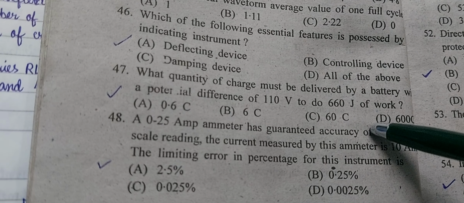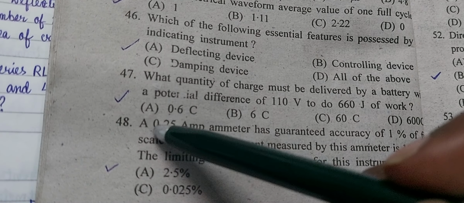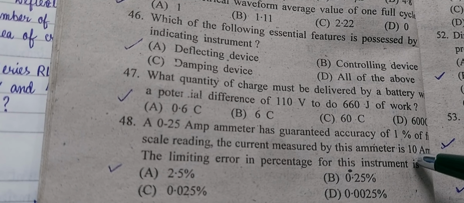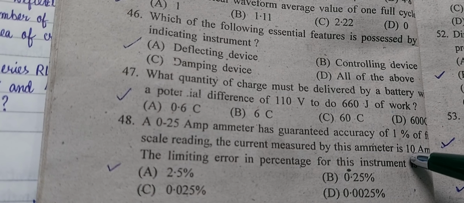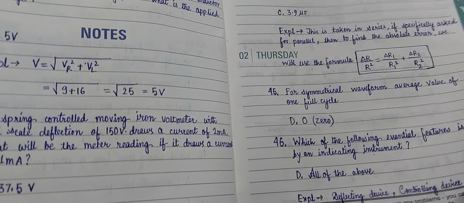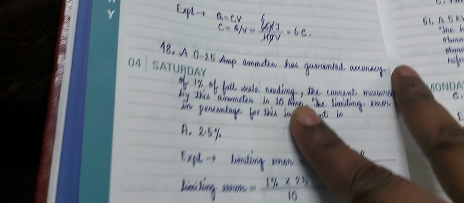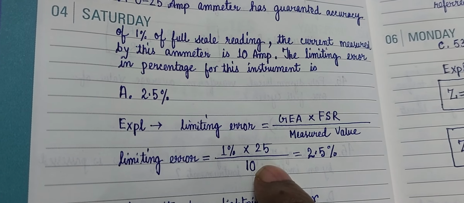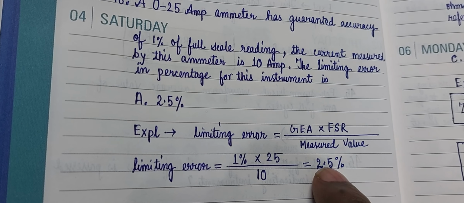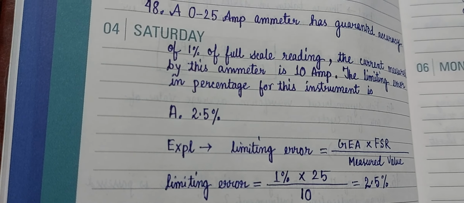Now this 1% is also known as GEA. This 1% into 25, the full scale reading, by the measured value 10, we will get 2.5%. This is the limiting error percentage.